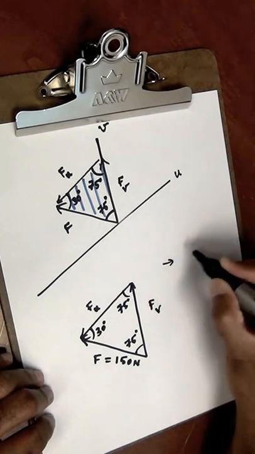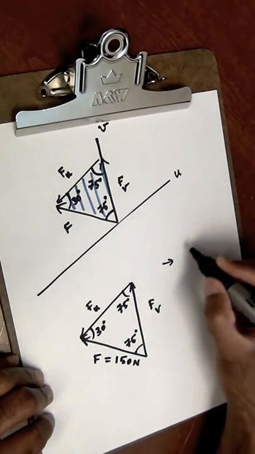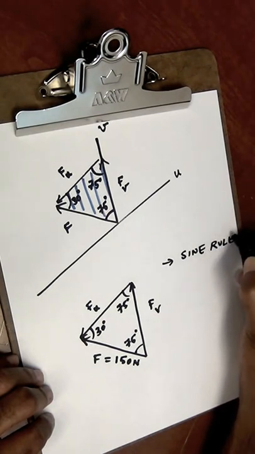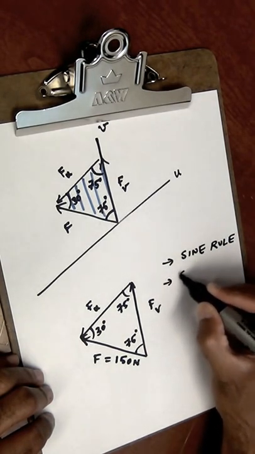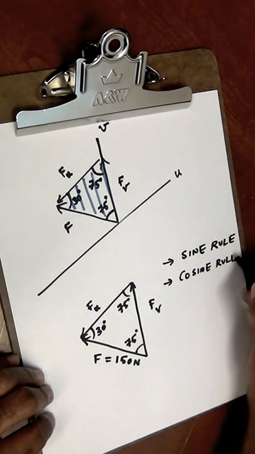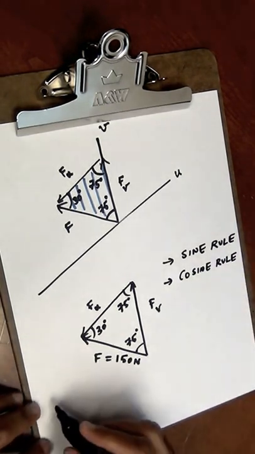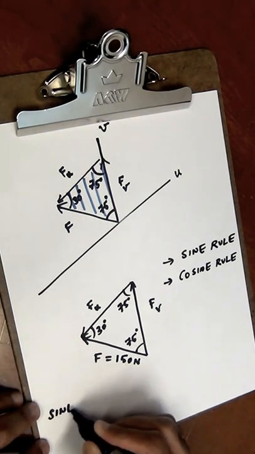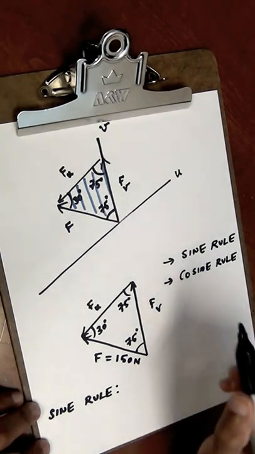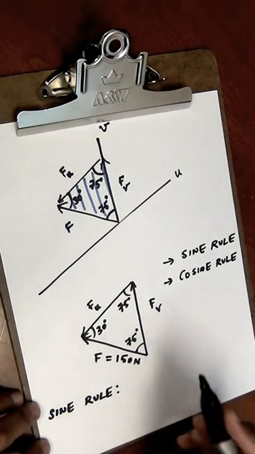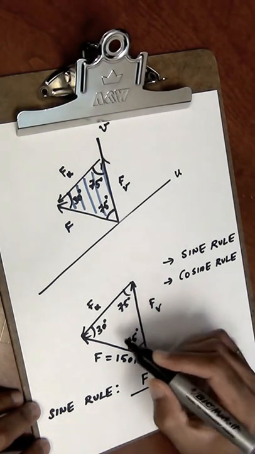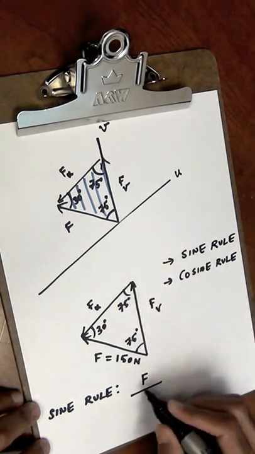So we will revisit the sine rule, and it is also useful to know the cosine rule. And here we are going to make use of the sine rule for this particular triangle, and the idea is I take a side, let's say that force F side, I divide it by the sine of the angle opposite to that, which is 75 degrees.